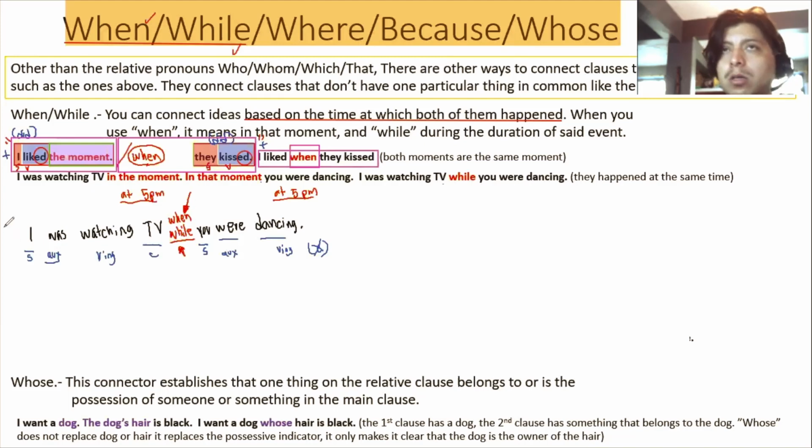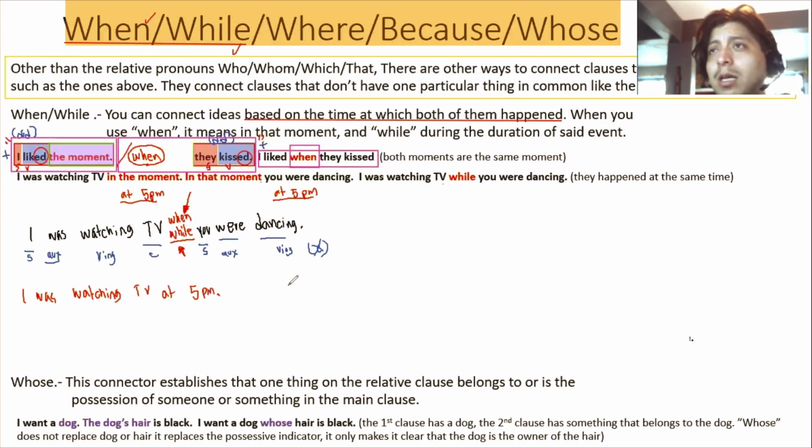¿Ok? Los usamos cuando tenemos dos oraciones que no tienen nada en común, pero para que tengan algo en común, lo que nosotros hacemos es ponerles un tiempo. En realidad, a lo mejor aquí decía I was watching TV, a lo mejor la oración completa podría ser I was watching TV at 5 p.m. Esa es mi oración completa.